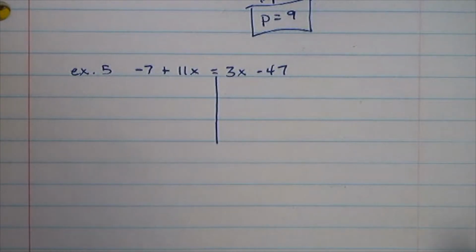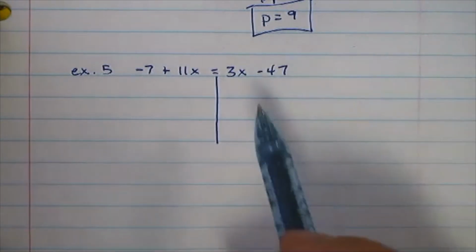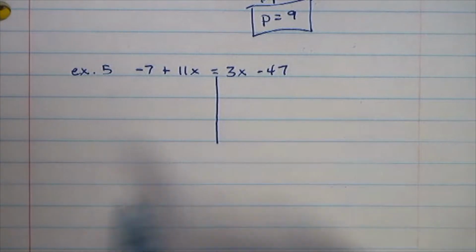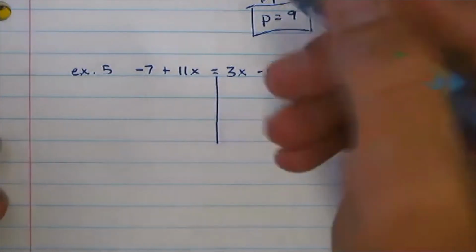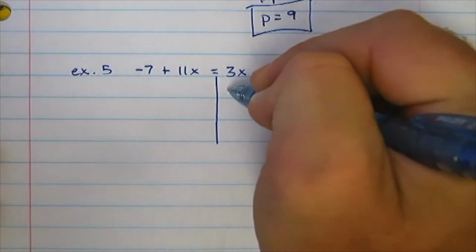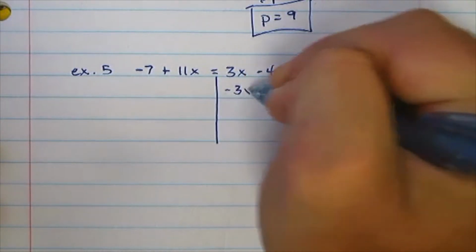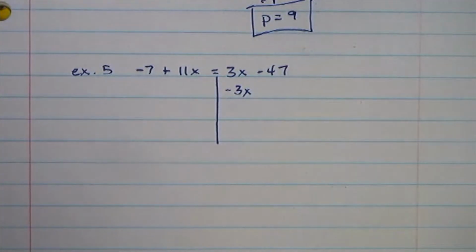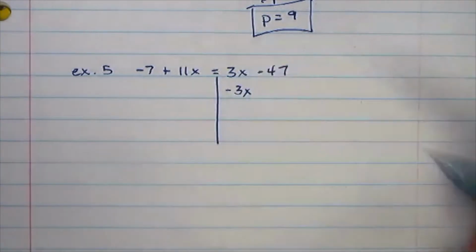Now you can make the choice ahead of time which way you want to move them, and we'll talk about why you might want to move one way versus the other on the next example. But for this case, we want to move that 3x over to the left side. So in essence, I want to get rid of it over here. I want to cancel it out.